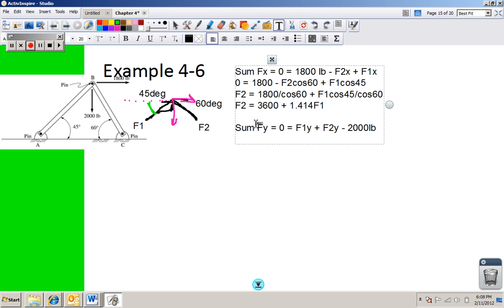Okay, so that means we have 0 equals F1 sine 45, the angle there is 45 degrees, plus F2 sine 60, minus 2,000 pounds.